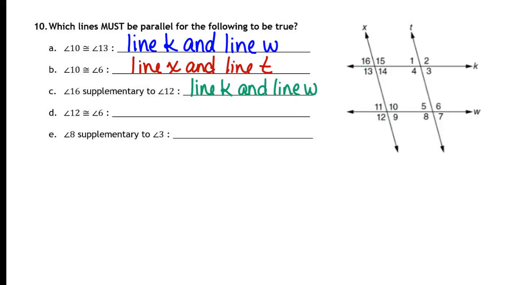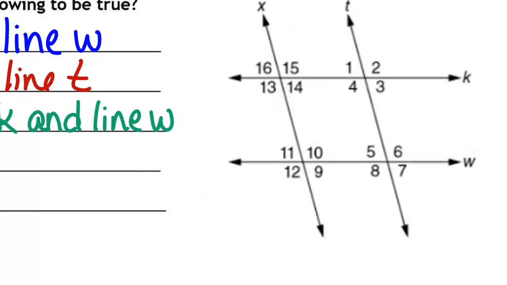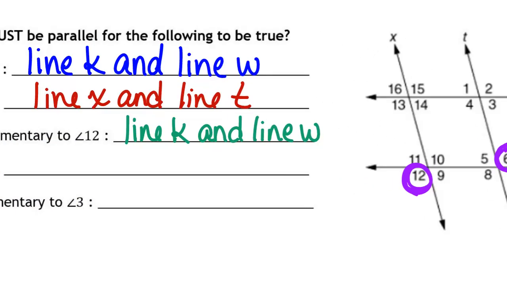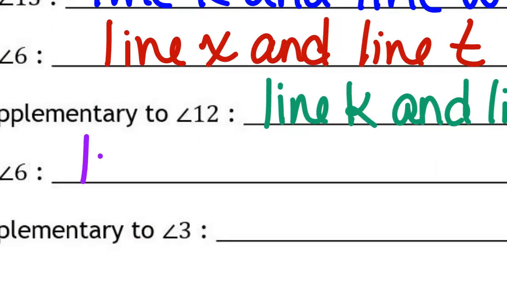All right. 12 is congruent to 6. Here's 12 and here's 6. What's the transversal connecting them? W is the transversal, so X and T would have to be parallel.